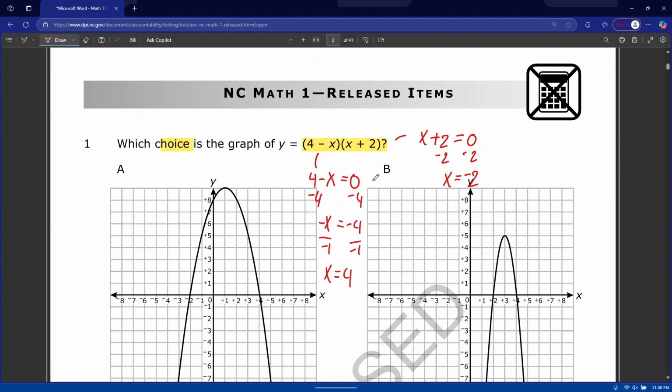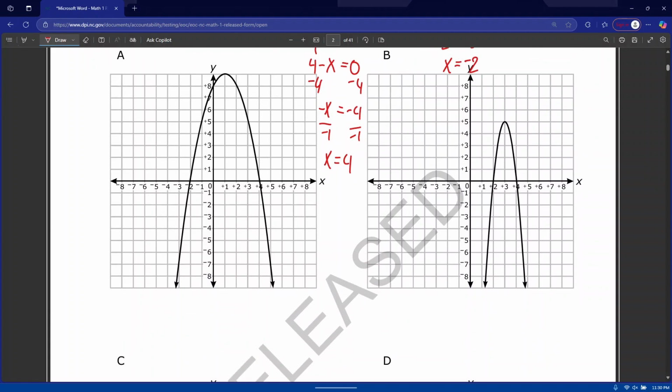As we observe our answer choices, we need the x-intercepts to be 4 and negative 2. Let's scroll. For A, we have a negative 2 and a positive 4, which is what we want. But let's review the other answer choices, as we might have to do something else.